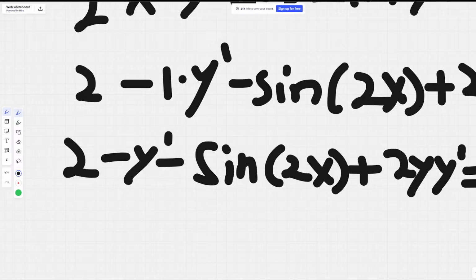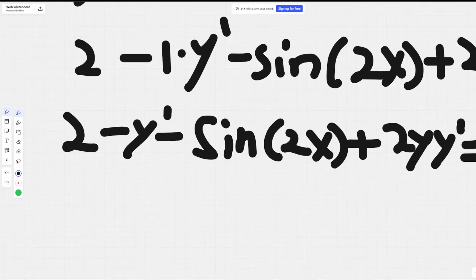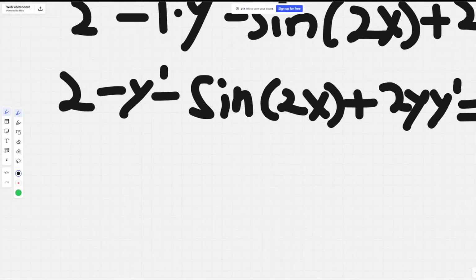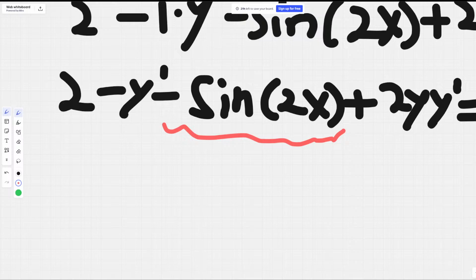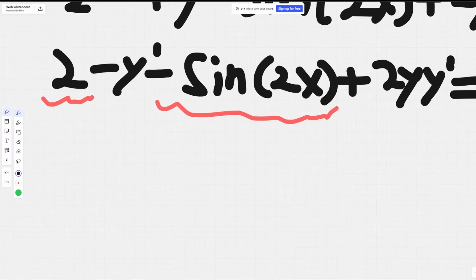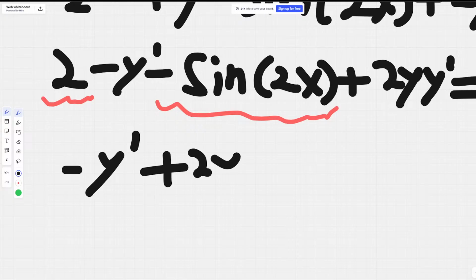This is prime. This is prime. This is not. I'll take this out, and I can take this out, which would leave negative y prime plus 2y.